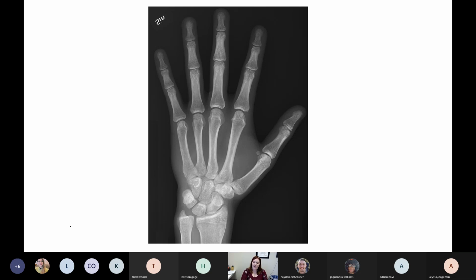So to do this, I'm going to use this image that we see of the hand. Not all of the types of bones in the body are seen in this picture, but several of them are. So we're going to use that. Let's start with one of the bones that we have in the palm of your hand. So this bone right here is a metacarpal bone. This bone is really tall and not very wide.